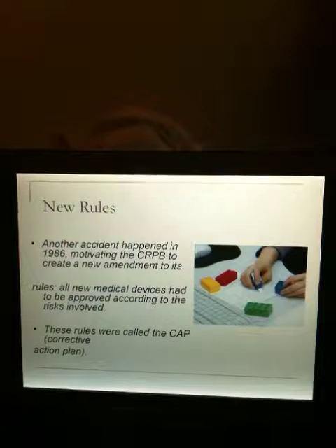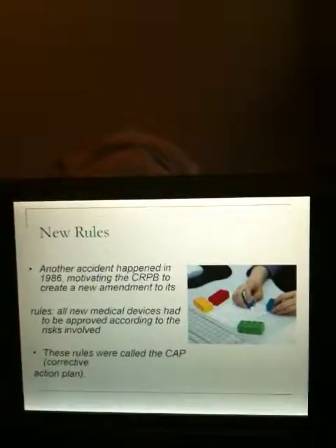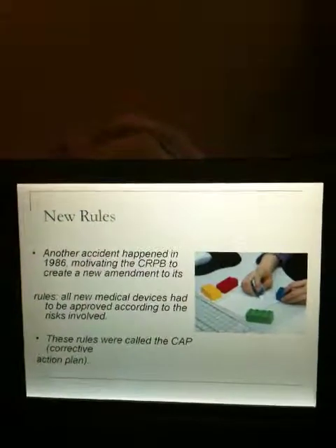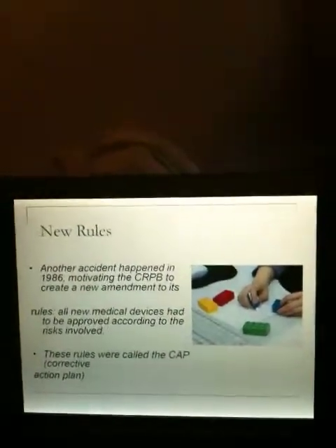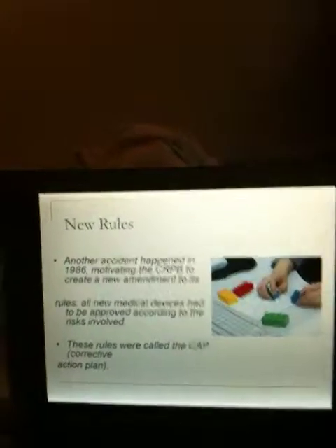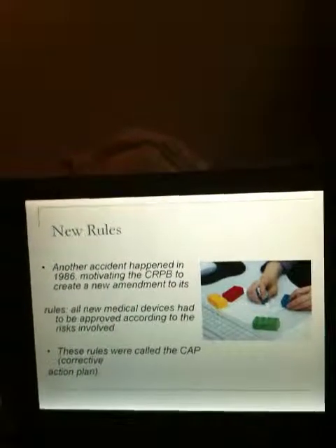So another accident happened in 1986, which motivated the CRPB to take some more serious actions, not only concerning the Terra 25 project but all the projects in the medical device area. From there on, all new medical devices had to be approved according to the risks they involved.